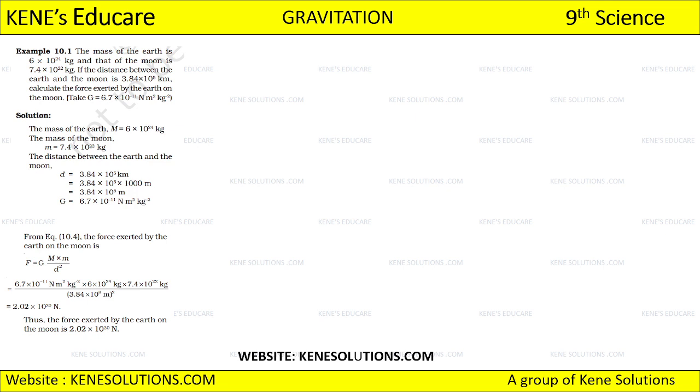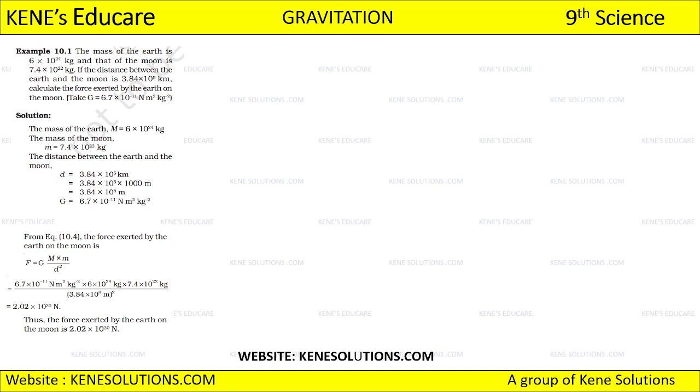So they have provided us with the distance between the earth and the moon. What we need to do is calculate the force that is being exerted by the earth on the moon. And we know that the value of the gravitational constant is 6.67 into 10 raised to minus 11 meter square per kg square, right?